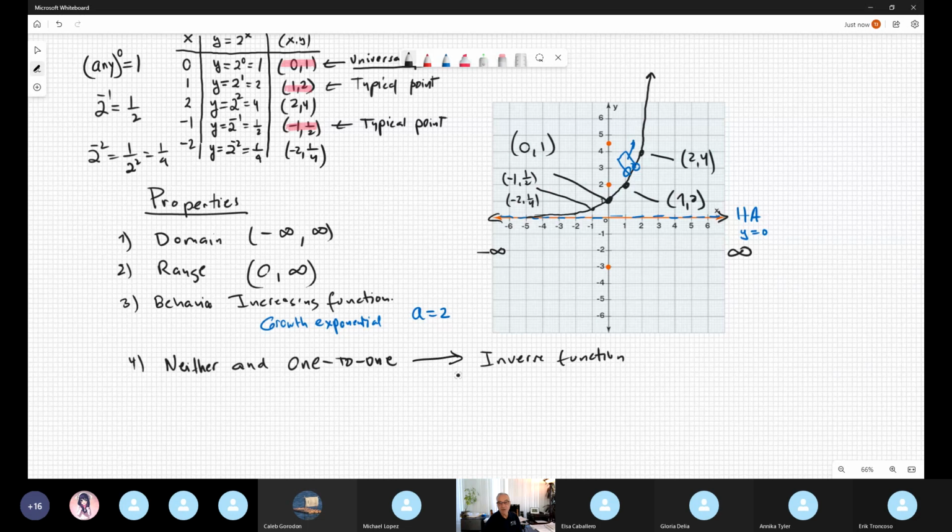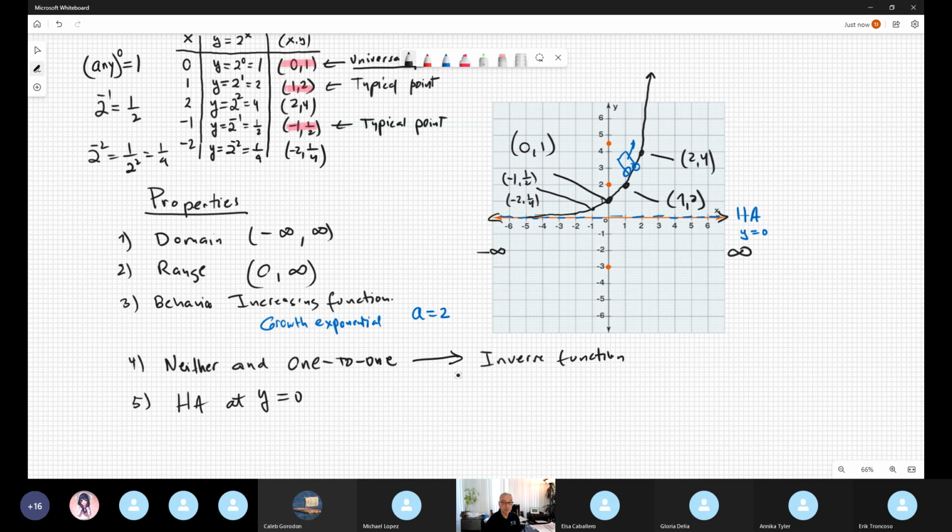And the inverse function I anticipate of the exponential is the logarithmic function. Let's see the complication behind this. But I anticipate something. And number 5, an extremely important property: we have a horizontal asymptote at y equals 0.